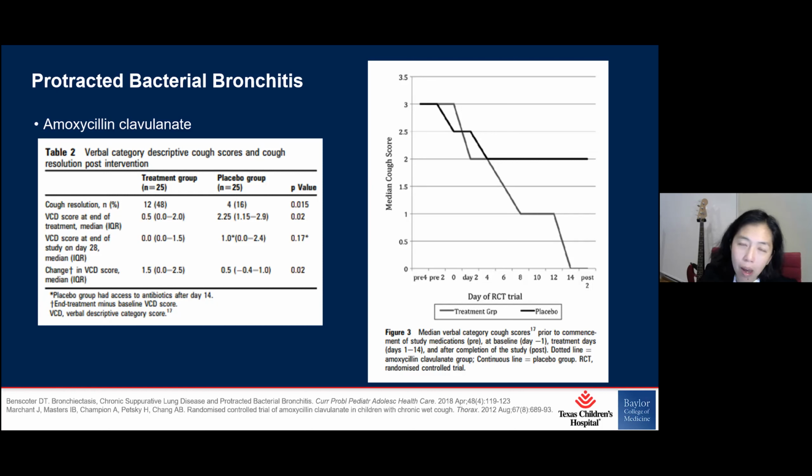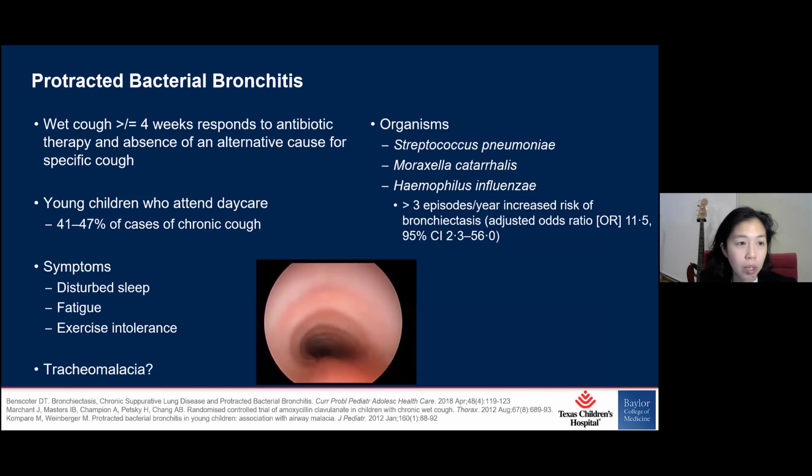Now, I couldn't really find any data to support this. We had a pediatric pulmonologist previously who would treat our PBB patients for even longer courses, 3-4 weeks of antibiotics, to try to eradicate these bacteria. Again, there's no clear data to support that. The data right now is really only for 14 days, for what it's worth.